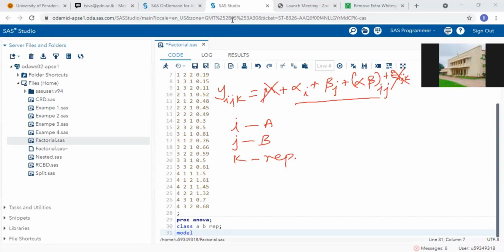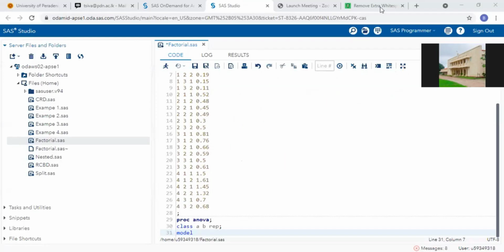Right, let's talk about the model writing in SAS. So how can we write? Can someone tell me how we can write? Yield equal.